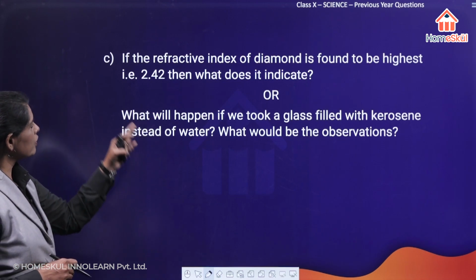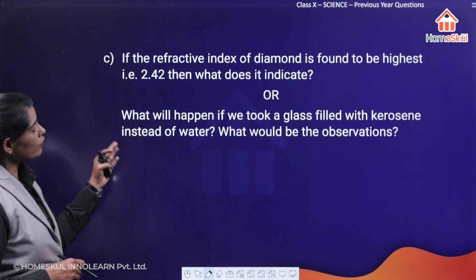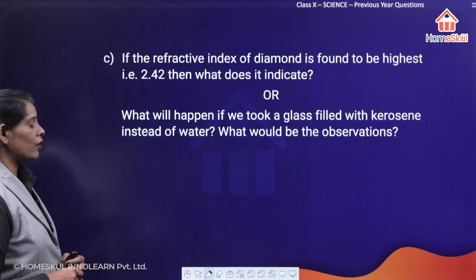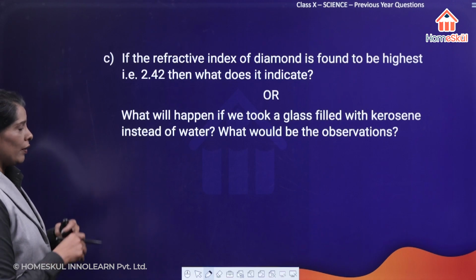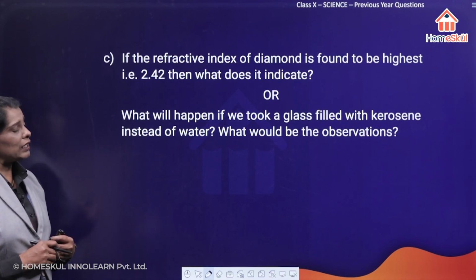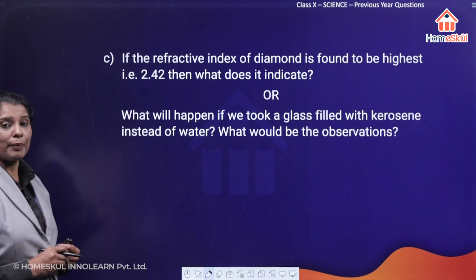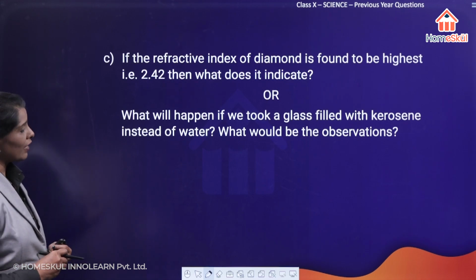Now we have an OR question for this part C: what will happen if you took a glass filled with kerosene instead of water, and what would be the observations? Well, we know that the optical density of kerosene is comparatively more than that of water.